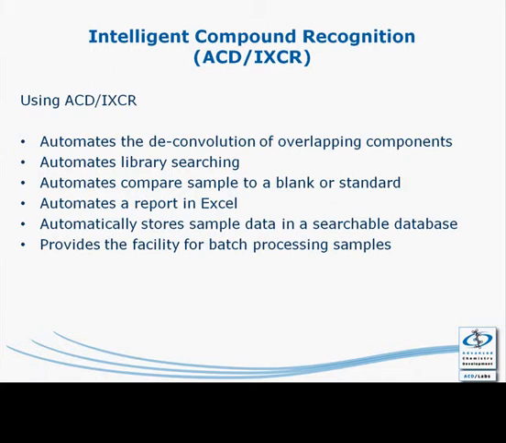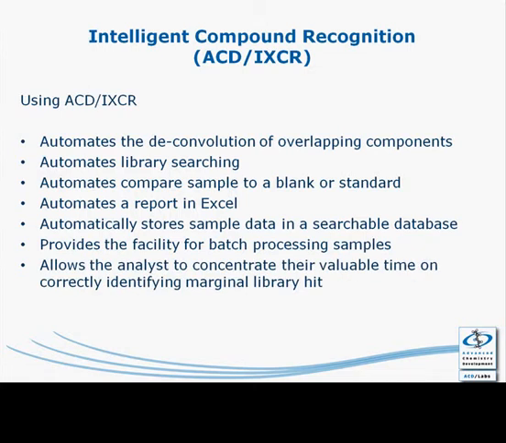The software has the facility for batch processing samples. It will allow the analyst to concentrate their valuable time on correctly identifying marginal library hits. And if you are doing a lot of full scan work, IXCR will significantly increase productivity.